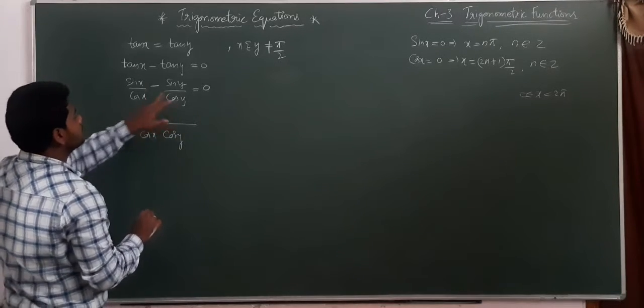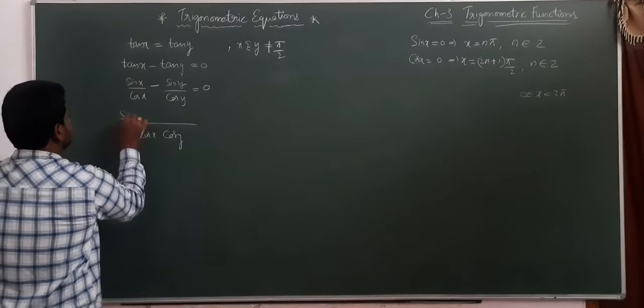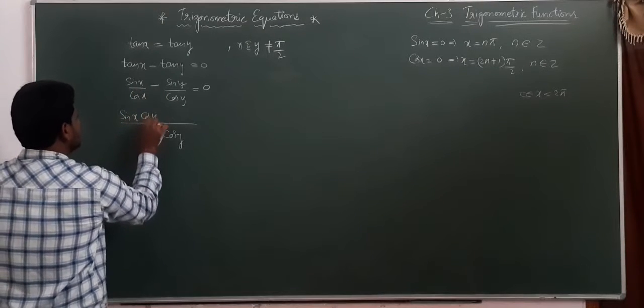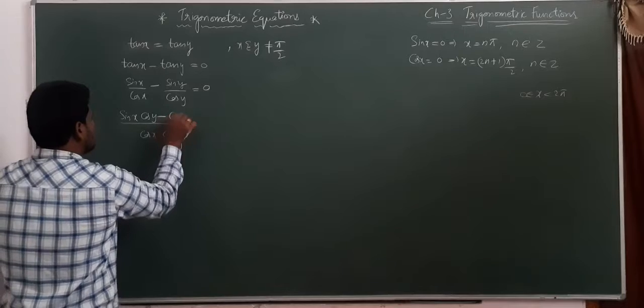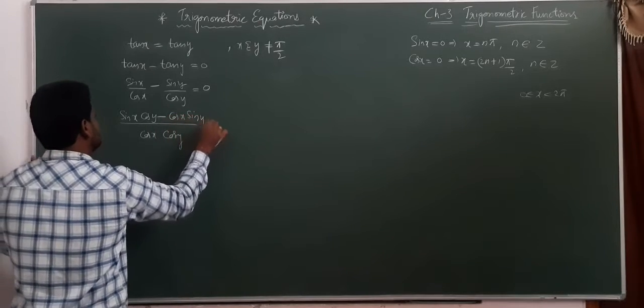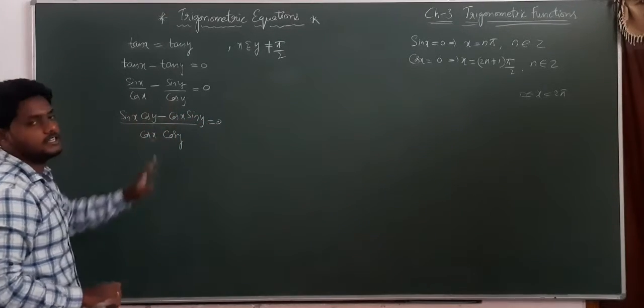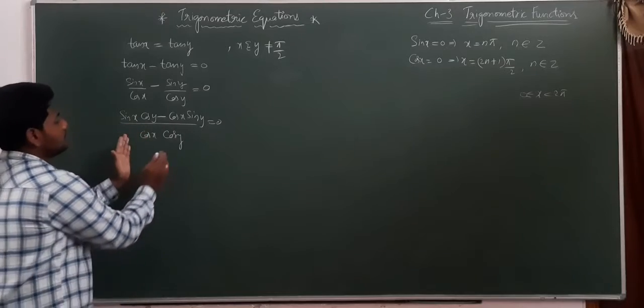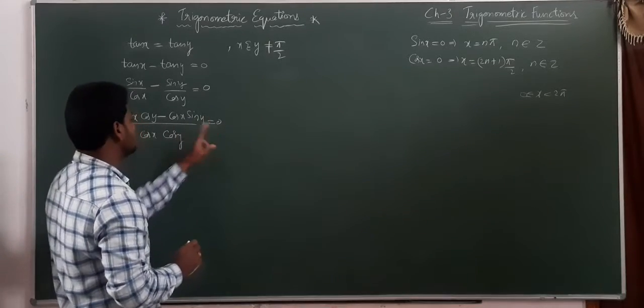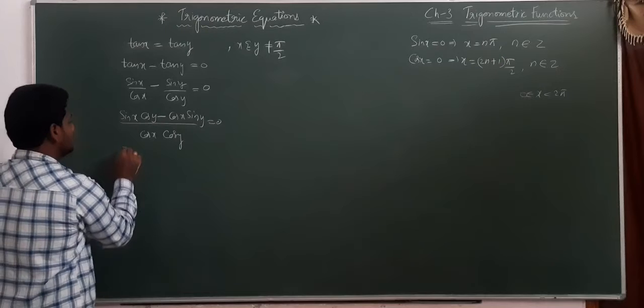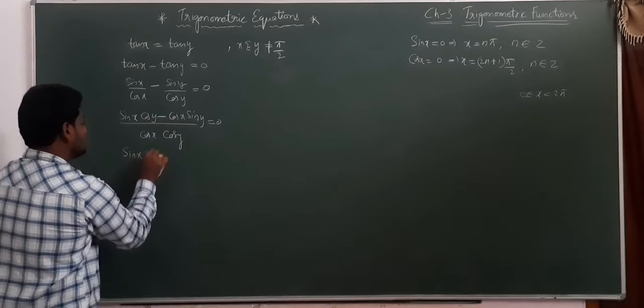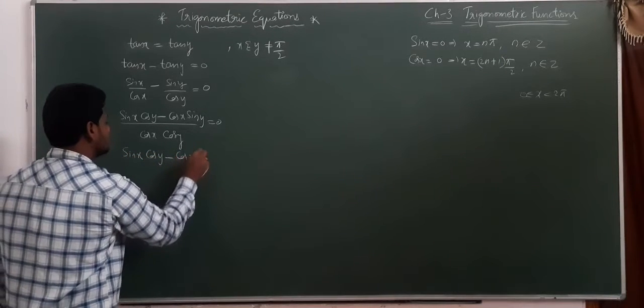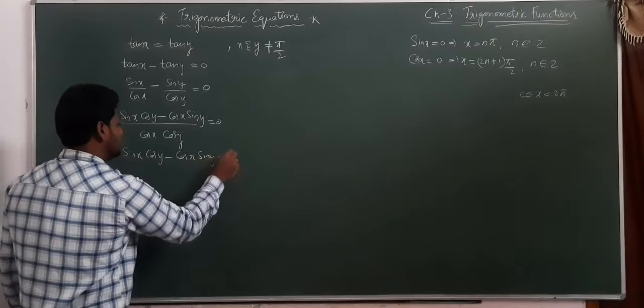Do cross multiplication: sin x into cos y minus cos x into sin y equals 0. As it is in p by q form, you send the denominator to the right hand side, and 0 times anything becomes 0. Then it remains sin x cos y minus cos x sin y equal to 0.